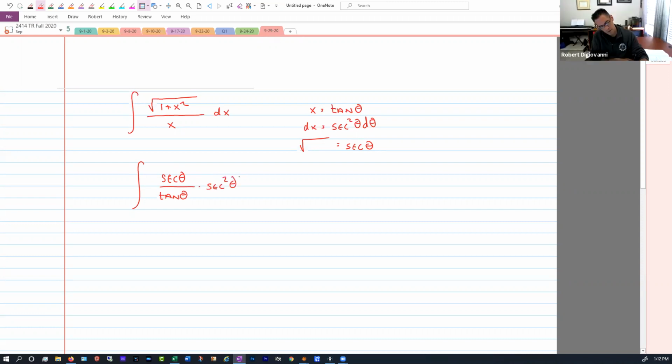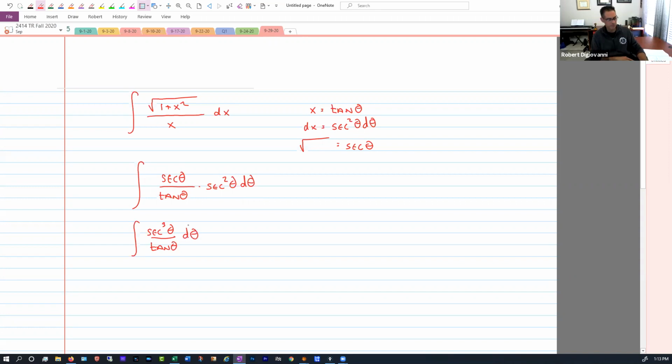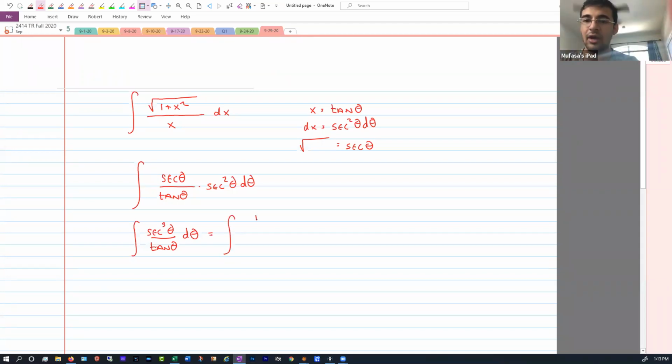Okay, I'm with you up to this point. So at this point, I multiplied and made it secant cubed theta over tangent theta. And I separated them. So I made secant theta 1 over cosine theta into the reciprocal of tangent, which made it a cotangent, cosine over sine theta.